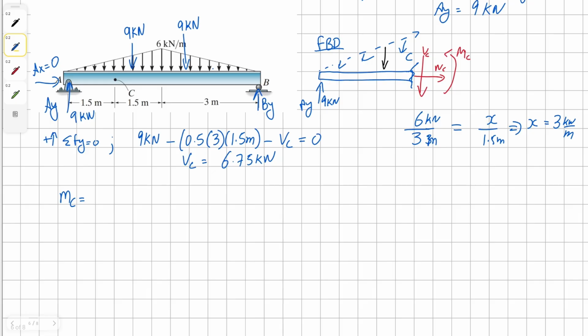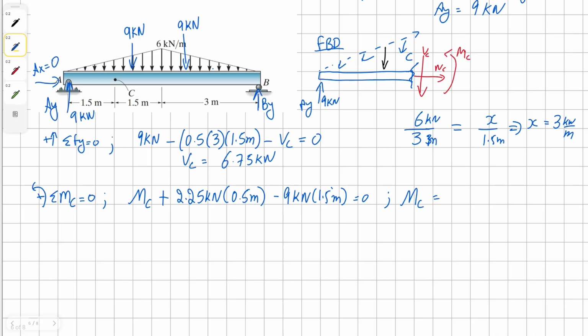Now we can take moment about the point C in order to find our solution for moment at C. So we can have our unknown moment at C, and then we have our point load, which is counterclockwise, and it's 2.25 kilonewton, and it's going to be 0.5 meters away from C. And then we have AY, which is clockwise, and it's 1.5 meters away, all equals to 0.